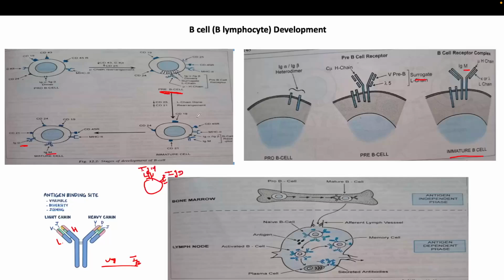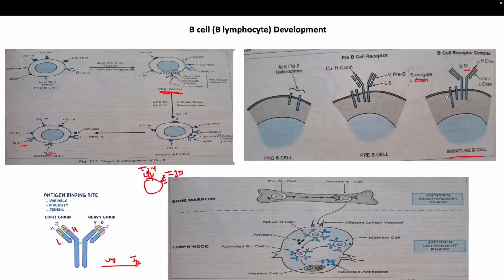Once it is converted into the immature B cell, the intact IgM molecule will be present on the surface of the B cell, and once it is converted into the mature B cell, it will have both the antibodies IgD as well as IgM.